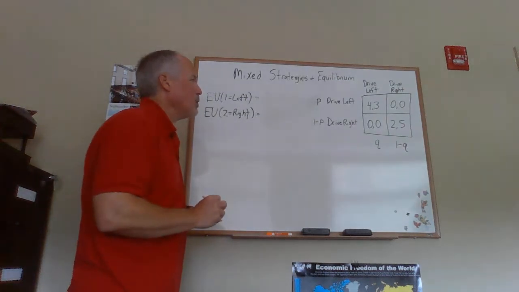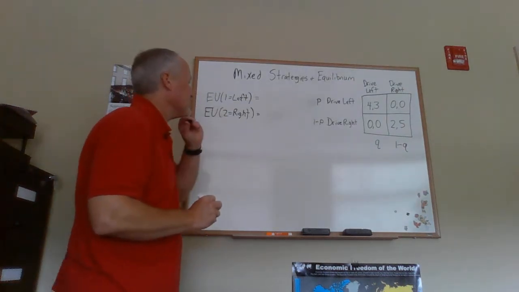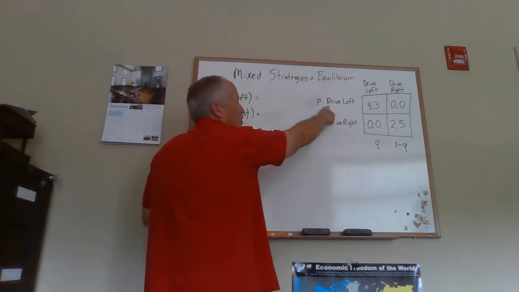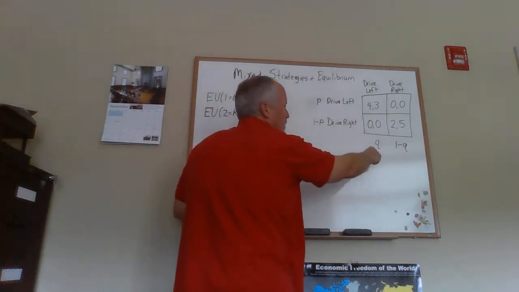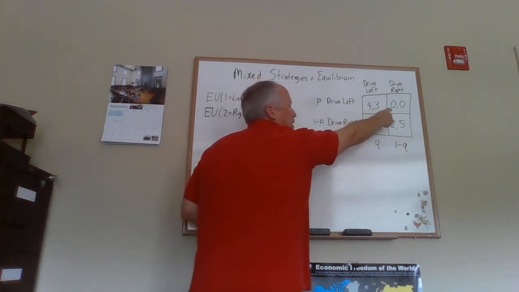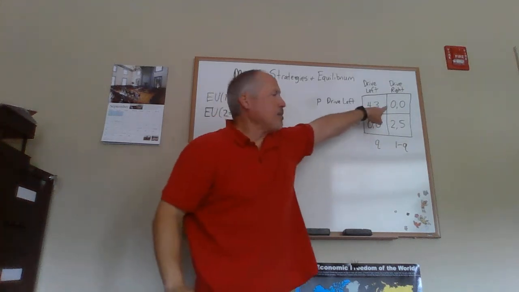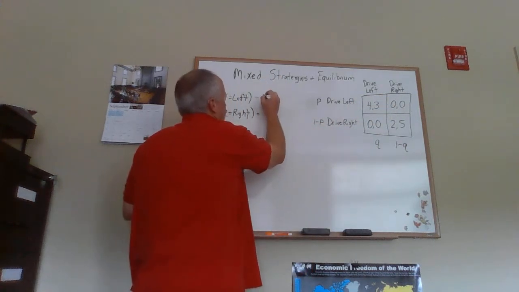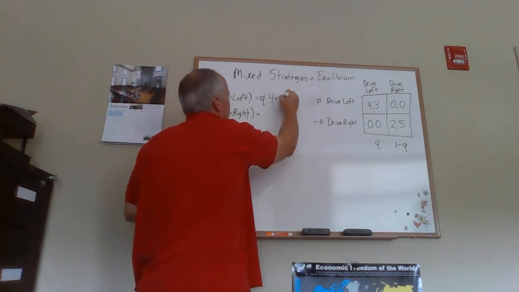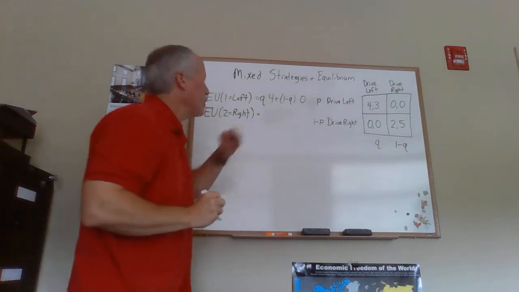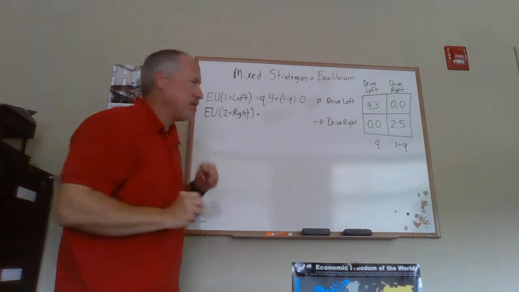Okay, so now we're ready to rewrite these expected utilities for player 1. If player 1 chooses drive left, they would be in this cell with probability Q, and this cell with probability 1 minus Q. That would be their expected utility from drive left.